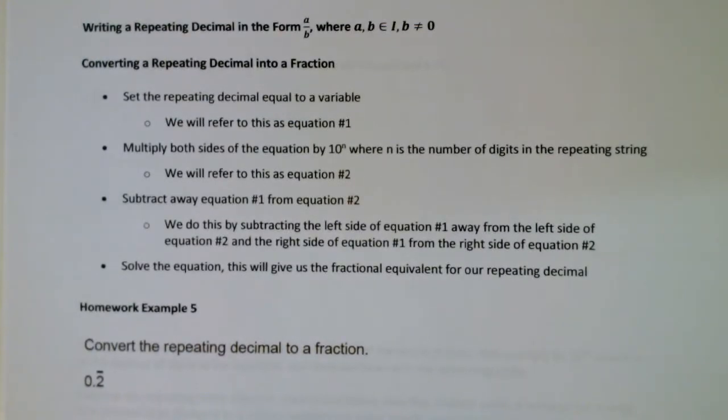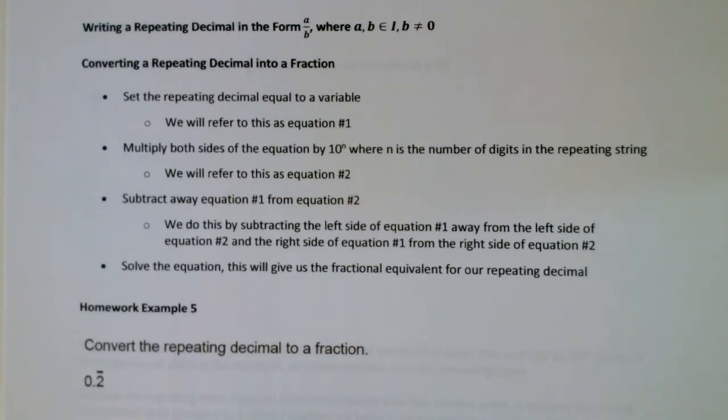Number one, you're going to set the repeating decimal equal to a variable, and we're going to refer to that as equation number 1. Next, you're going to multiply both sides of the equation by 10 to the power of n, and n is going to be the number of digits in the repeating string.